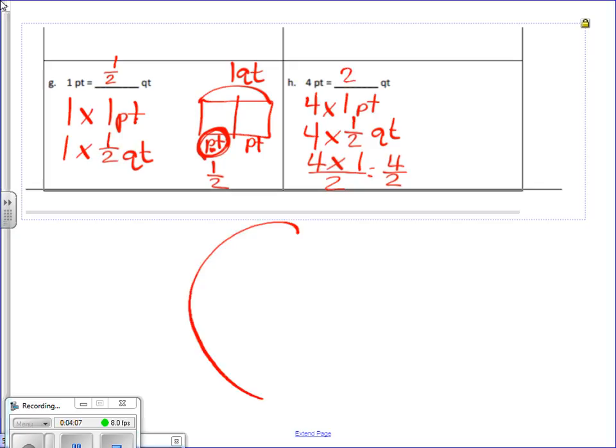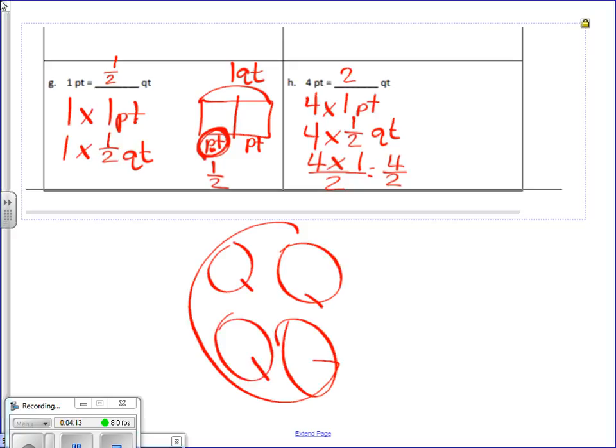So you can even check that with your big G. 1 gallon is made up of 4 quarts. Each quart is made up of 2 pints. So if I have 4 pints, 1, 2, 3, 4, how many quarts is that?